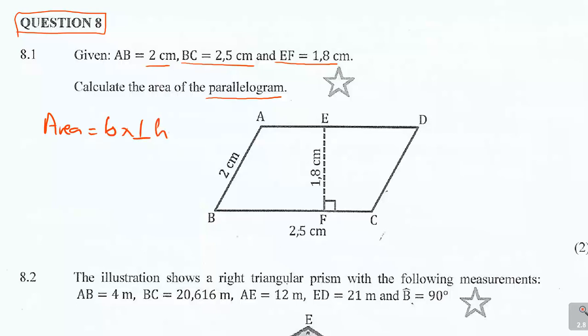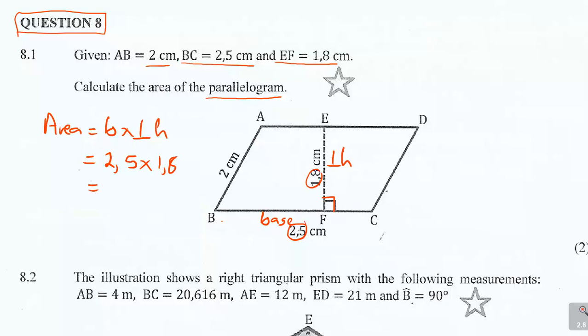So you ask yourself, what is the base? You can see BC is my base and EF is my perpendicular height. You can see the 90 degrees there. So area is 2.5, which is that number, times 1.8.